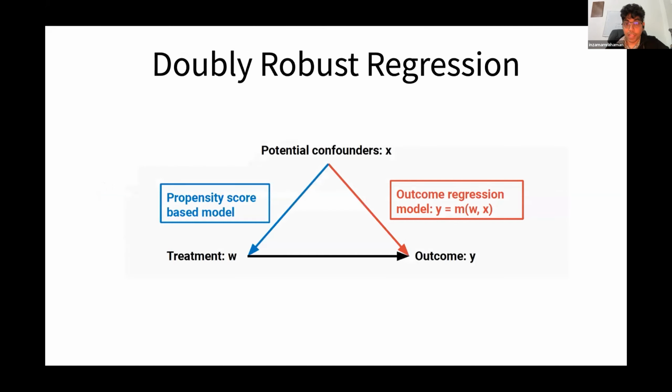Another approach is called doubly robust regression. This is where you do propensity scoring, usually using logistic regression as well, and then you use some other regression model to take into consideration the covariates as well as the treatment and try to predict the outcome, right?